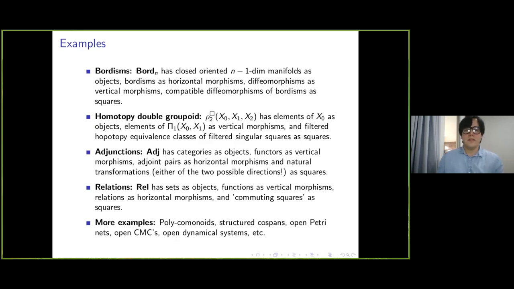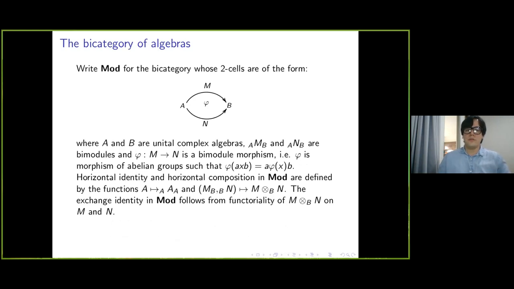In the case of the homotopy double group, it's probably not, but adjunctions maybe. All these have bicategory versions, and you can think of all these constructions as having a bicategory and then extending it to a double category to express something. So we'll do that with algebras.